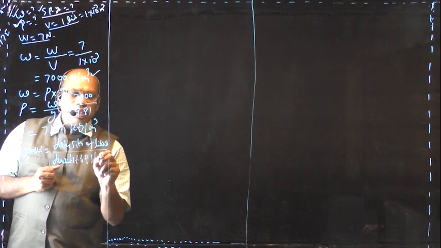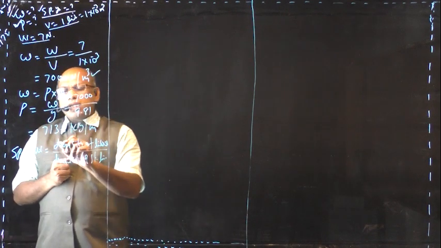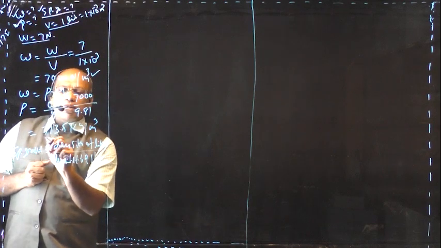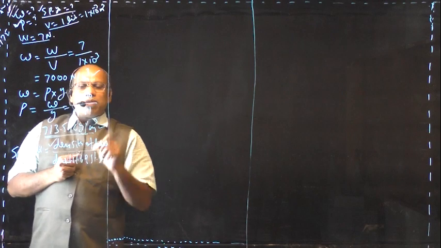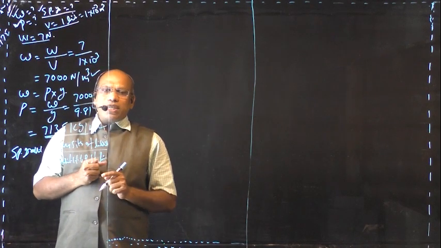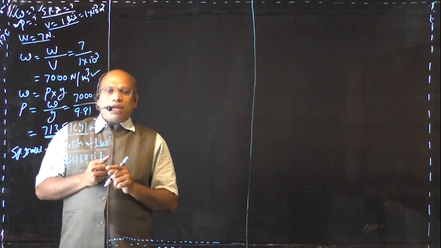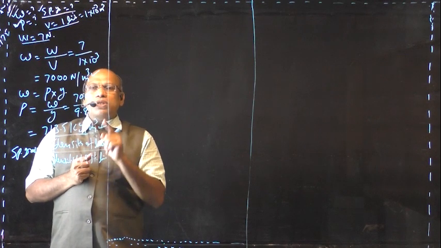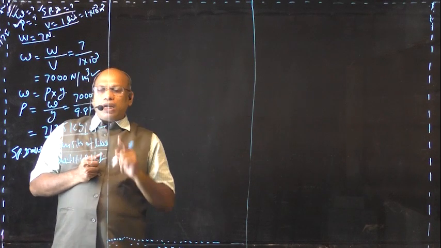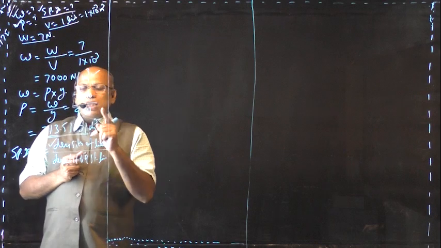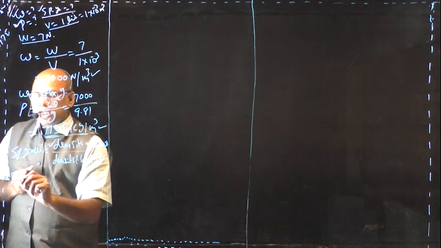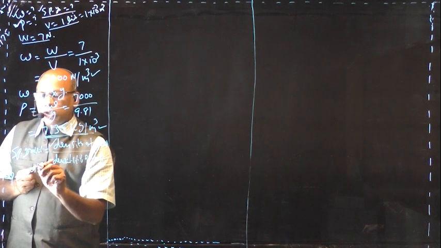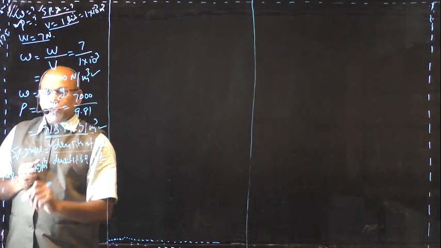Density of the liquid we have already determined here. Density of the standard liquid, that means water. Water density is 1000 kg per meter cube.